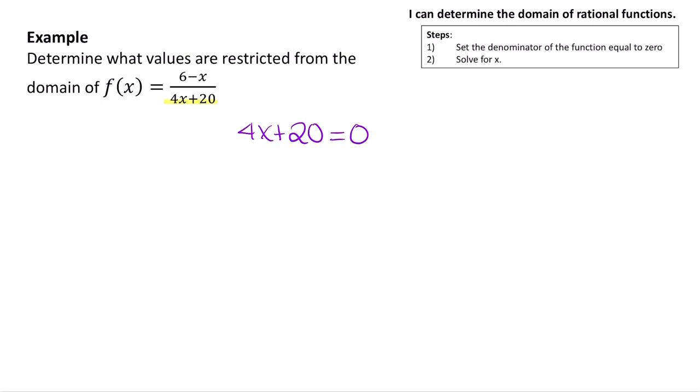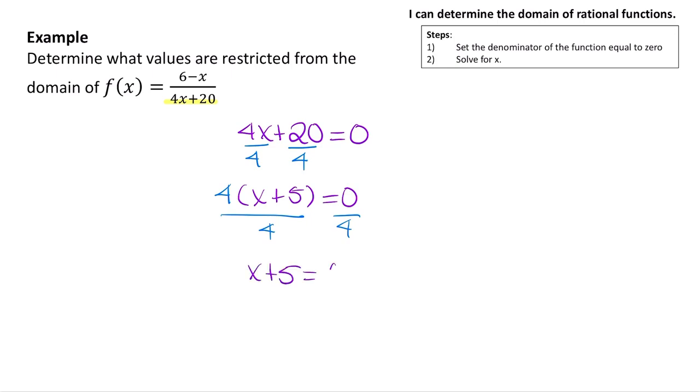Notice that both of these are divisible by 4, right? So I can go ahead and factor out the GCF of 4. That's going to leave me with 4 times x plus 5, since 4x over 4 is just x, and 20 over 4 is 5. Now I can divide both sides of my equation by that 4, because 0 divided by 4 is just 0. So I have x plus 5 equals 0.